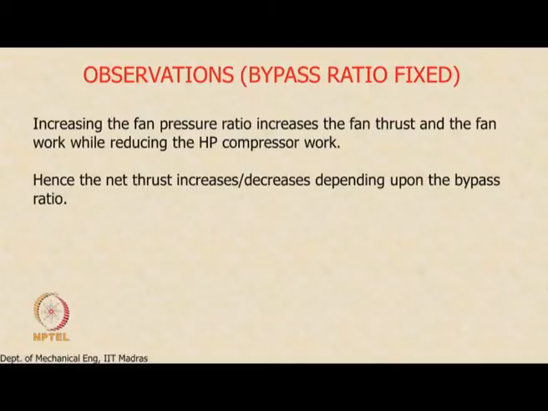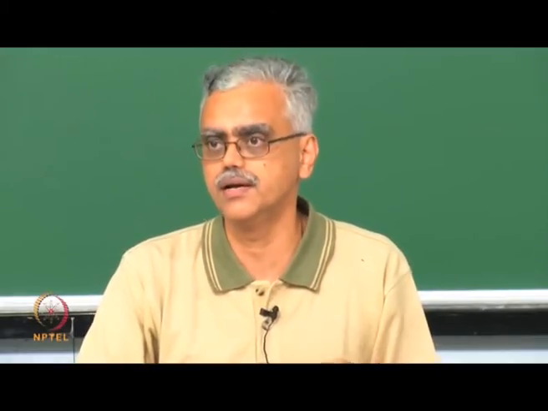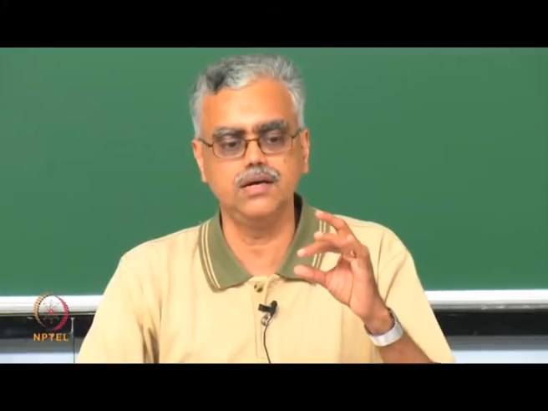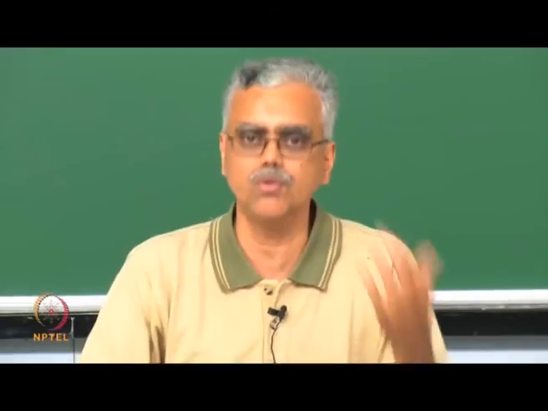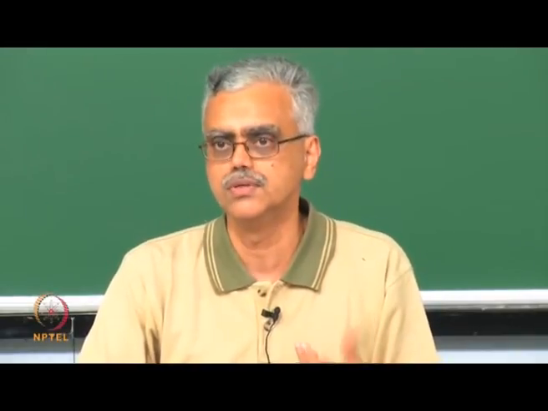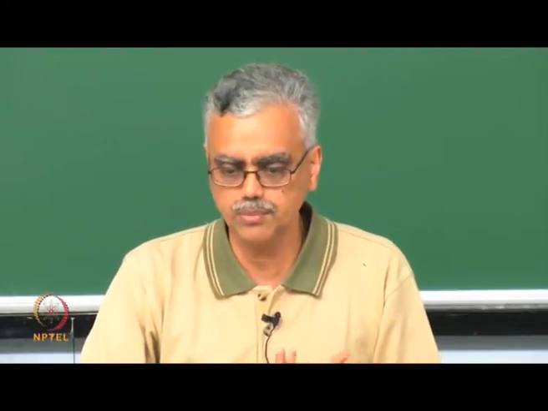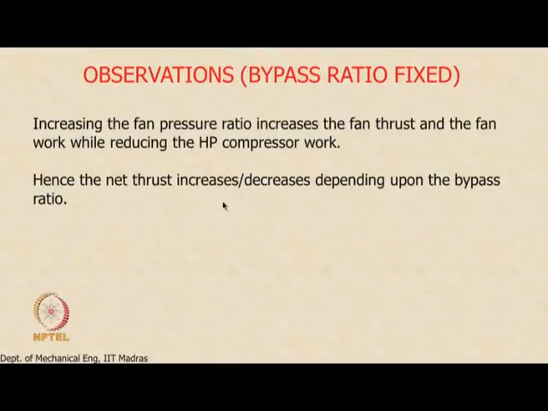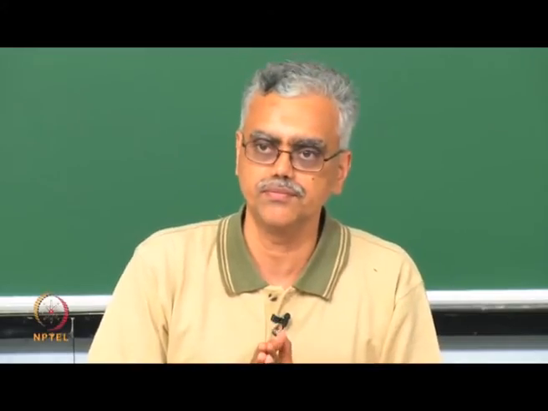If the bypass ratio is already very high, then increasing the fan pressure ratio may actually reduce the thrust, because the amount of work that the fan is taking up is so high that it is going to eat up all the work that the turbine produces. So, that depends upon the exact value of the bypass ratio. So, it is a complex interplay between these components.